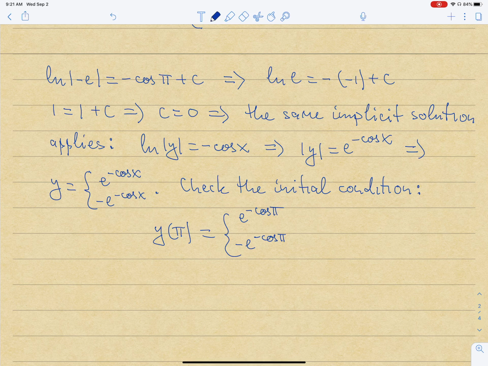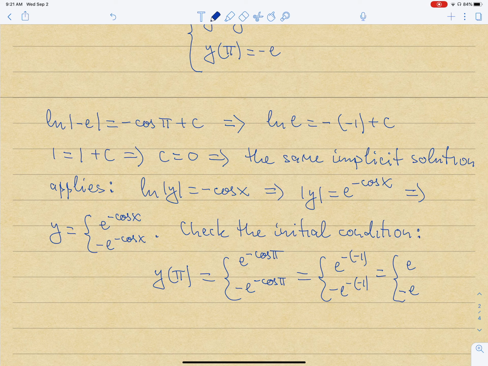Cosine of pi again is minus 1, so it's either e to the minus 1 or minus e to the minus 1, which is either e to the minus 1, minus 1 is plus 1, so e to the 1 is e, or minus e.